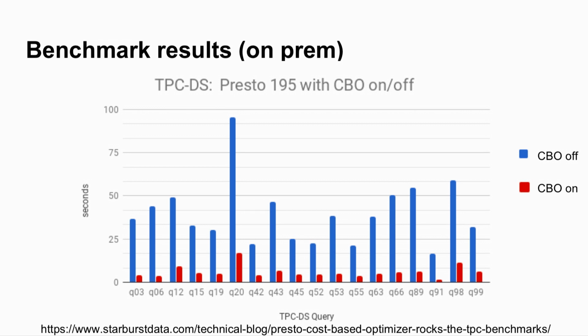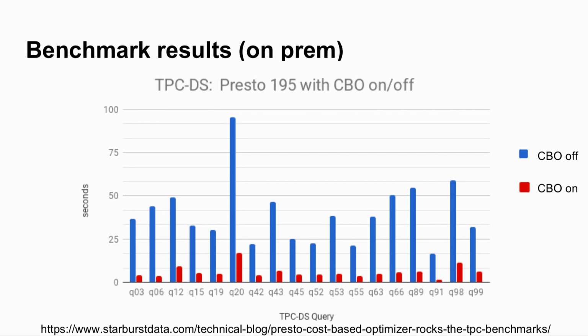As you can imagine, going through every single one is a lot of work, and we did a lot of iterations to improve our costing mechanism and join enumeration to achieve good results. What I'm showing here is a subset of the queries that performed best among those 99 queries. We saw no regressions among all the 99 queries that we ran, which was good, right? The optimizer is not making bad decisions.